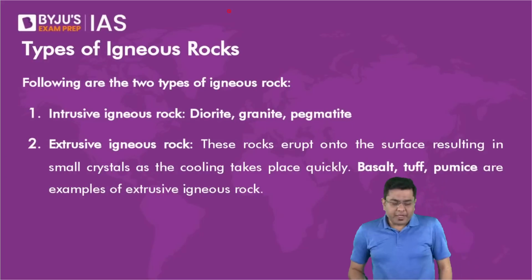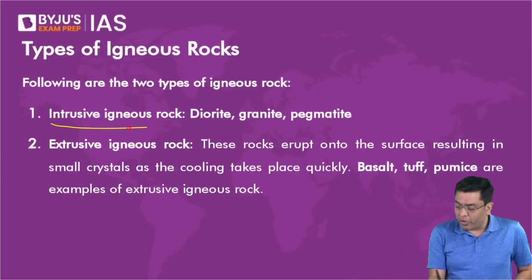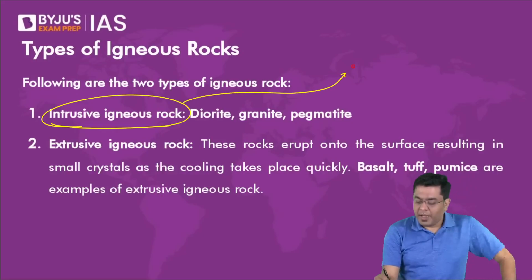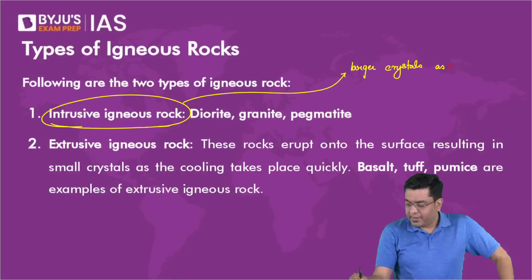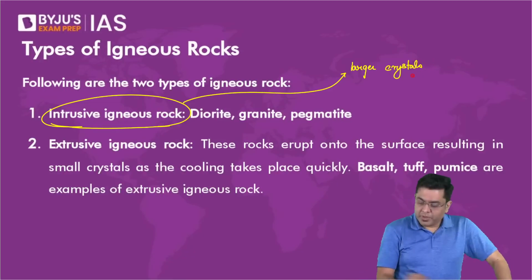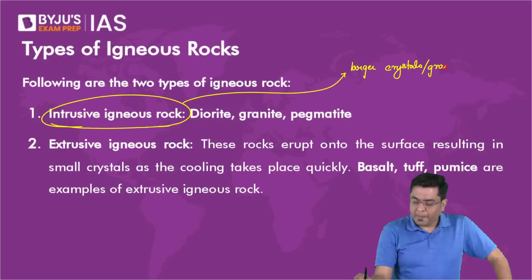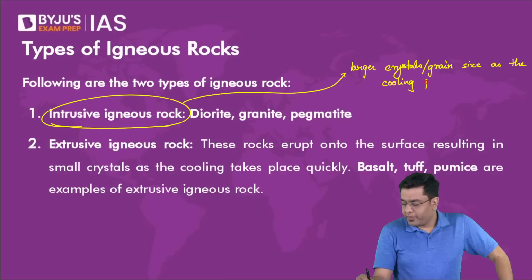So, intrusive igneous, when we talk about the intrusive igneous rocks, here they have larger crystals, or simply put, grains, as the cooling process is very slow.